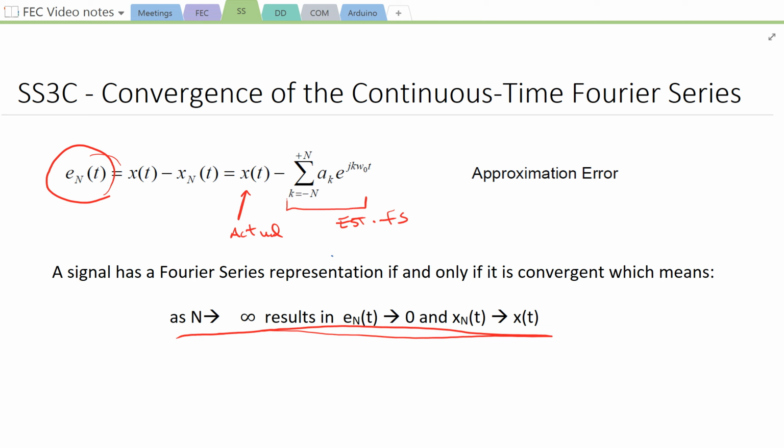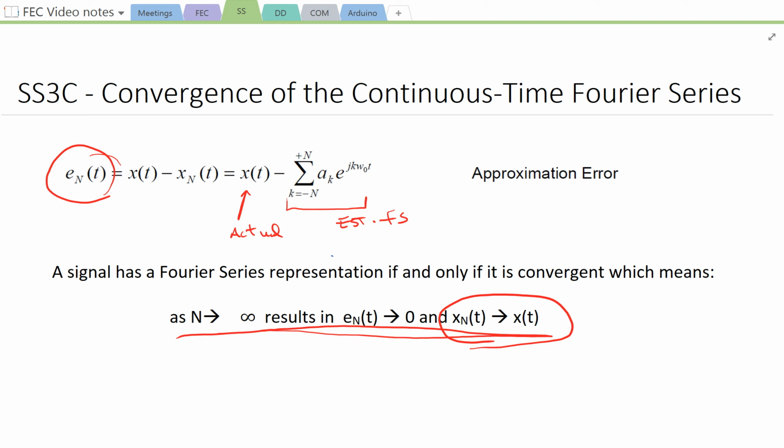Or, another way it's put in here, x of n of t, the approximation, would be going closer to x of t with every additional n. As n increases, for every step we get closer and closer.